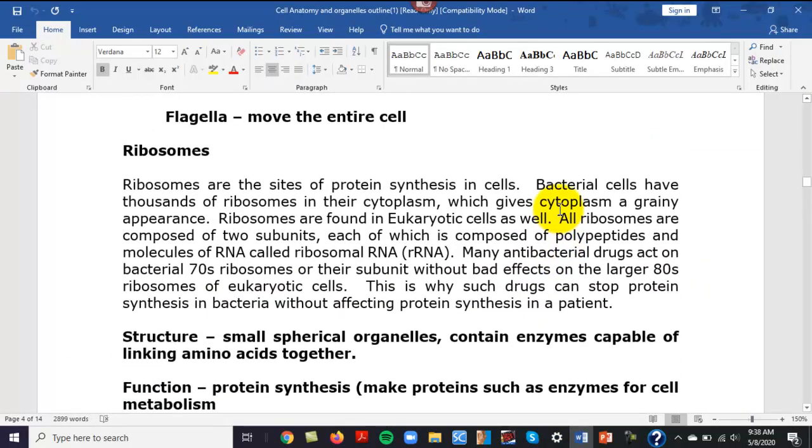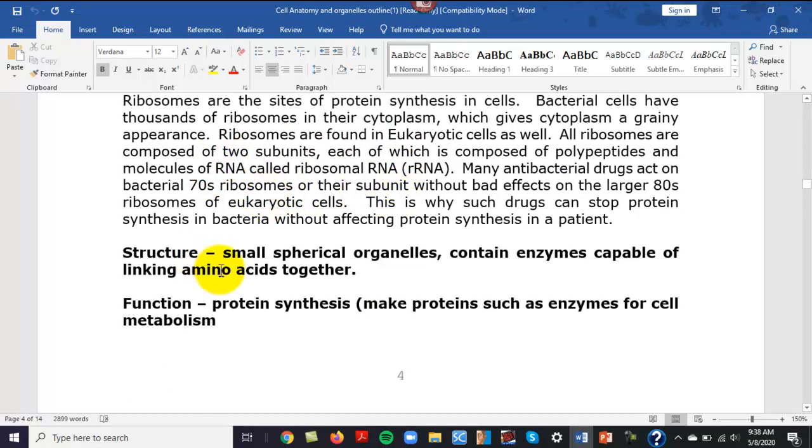They make all kinds of different things, and they're very important to a cell. In fact, there's a lot of drugs, antibiotics, modified antibiotics, that are called ribosomal agents, and they take out ribosomes because bacteria cells also have ribosomes. So small spherical organelles contain enzymes capable of linking amino acids together. So they essentially will synthesize proteins, and we'll talk about those in more detail later.